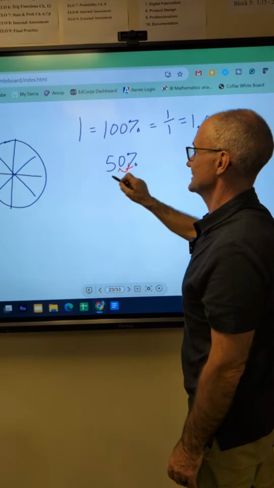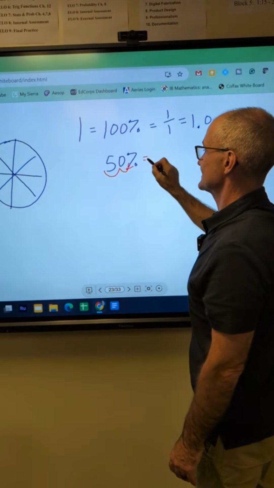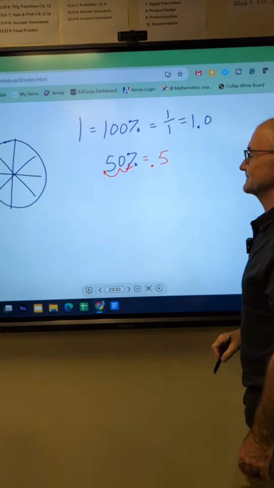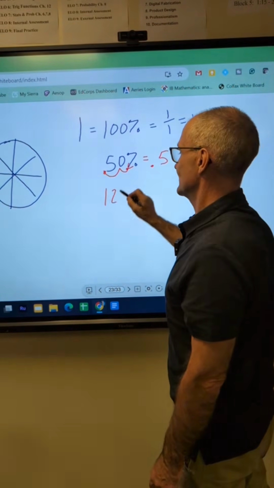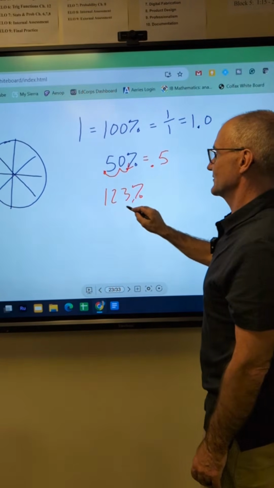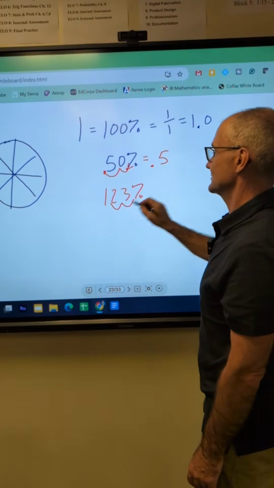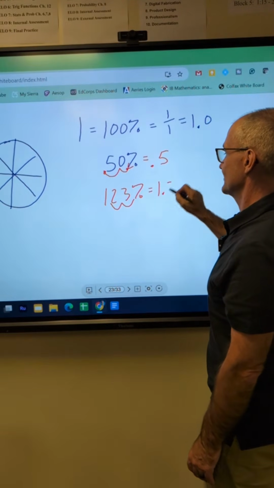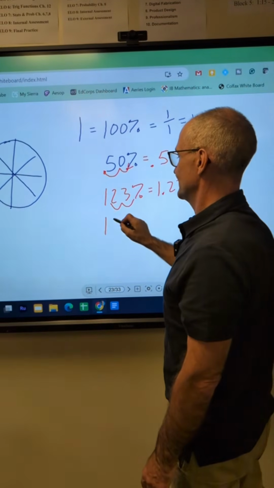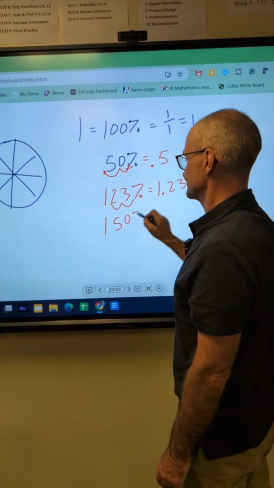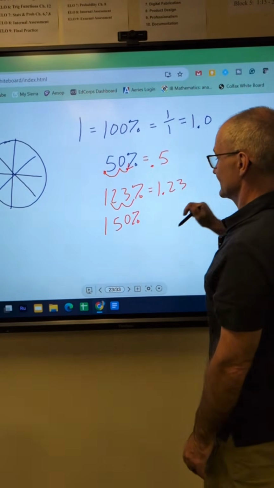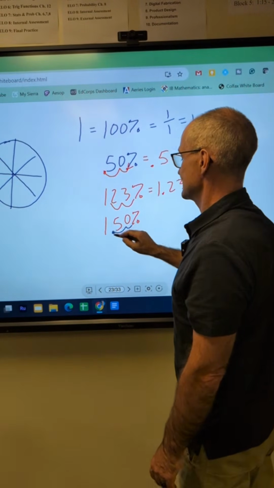So 50% is the equivalent of 0.5. 123%, take that dot, move it over 1, 2. So 123% is 1.23. 150%, take that dot and move it over 1, 2 places.